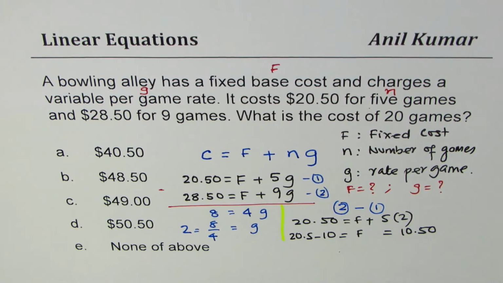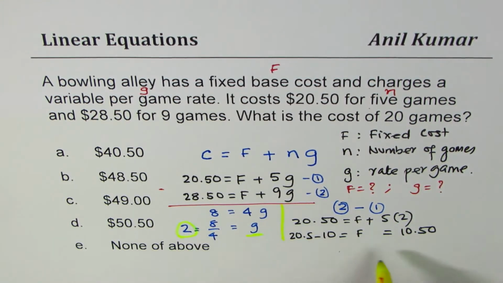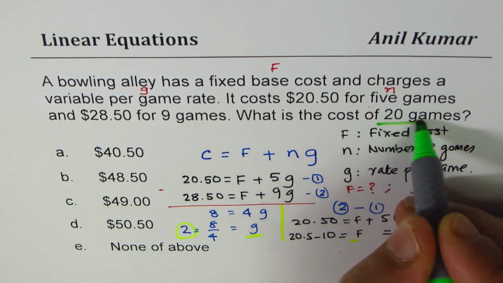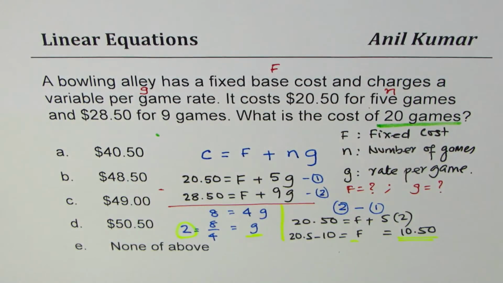So now we know what f is and what g is. g is 2 and f is 10.50. We need to find the cost for 20 games. I don't have space there, so I'll write here: 20 games cost.